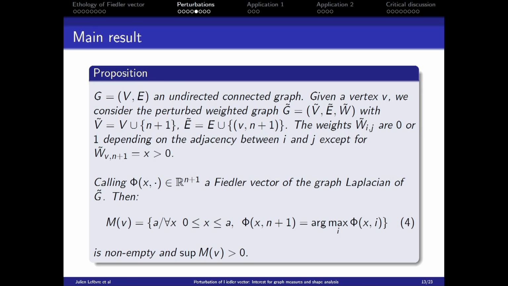Here this is the definition of the perturbed graph, like I presented before. And here this is the proposition. You have the perturbed Fiedler vector depending on x. If you consider this set, the interval between 0 and a, where the Fiedler vector has its maximum at the new vertex n plus 1, then this set is non-empty, and you can define the sup of this set. I have no time to present the proof.